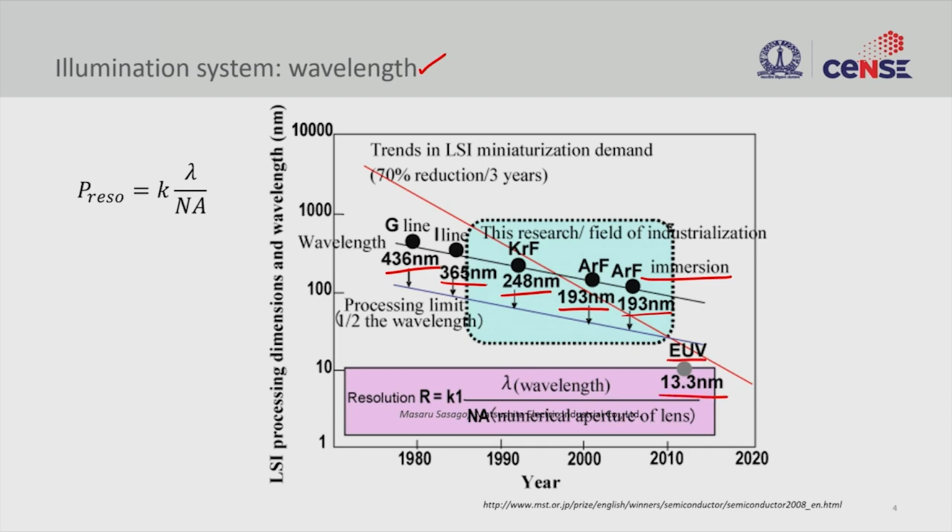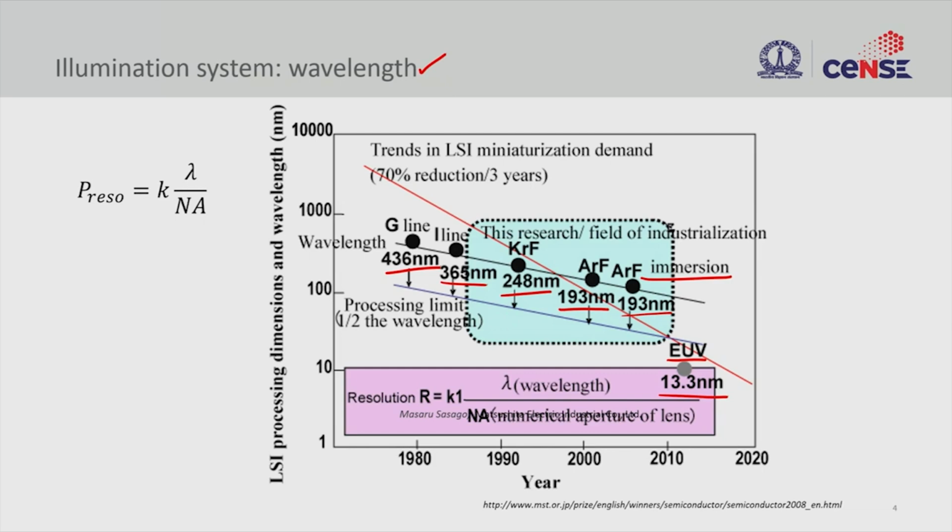The technology we are looking at is extreme UV. Things are in alpha and beta stage right now. We haven't seen any production tools yet, but research and development is actively being done in this region. In this lecture we will limit ourselves to looking at 193 and how people are evolving this process.